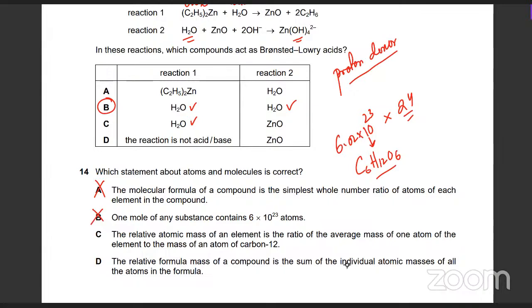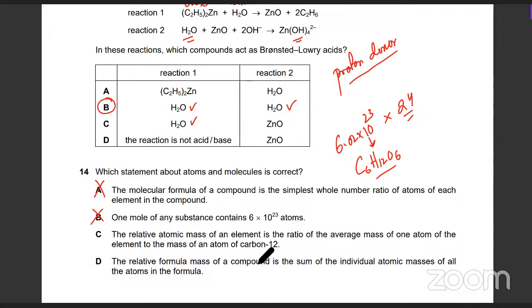The relative atomic mass of an element is the ratio of the average mass of one atom of the element to the mass of an atom of carbon-12. Sir, I believe it's D because I'm not sure about the ratio. What's the next one?